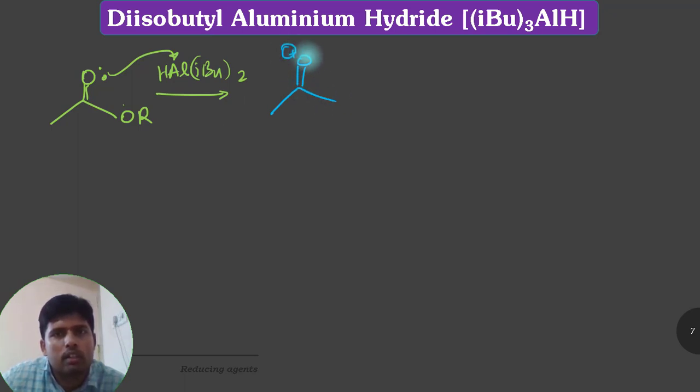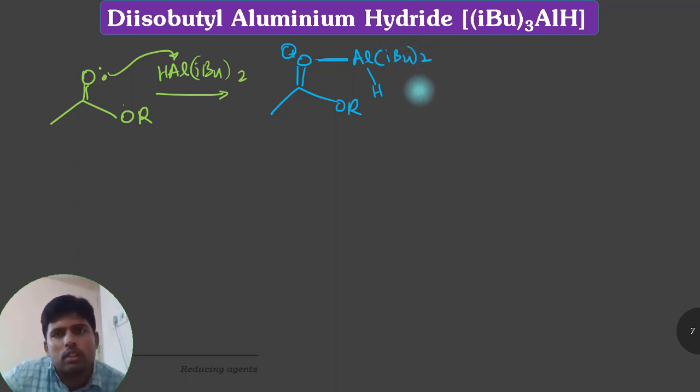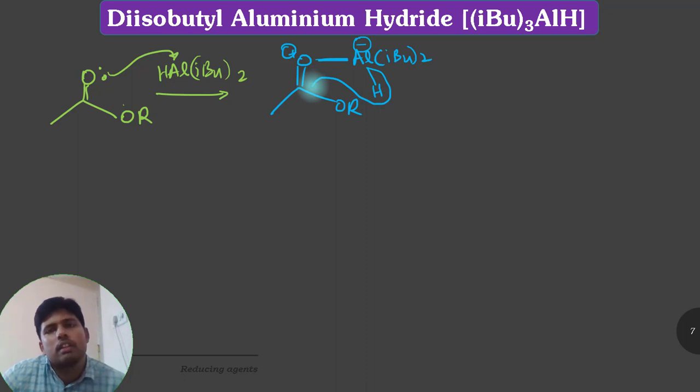There is OR here also, and there is a bond now, ALH, and here you have IBU twice. Now this aluminum carries negative charge, so as a consequence this hydrogen can attack the electrophilic site, and this carbon will be the electrophilic site.